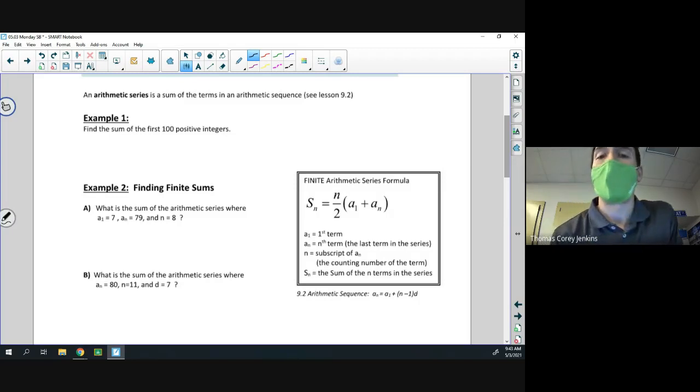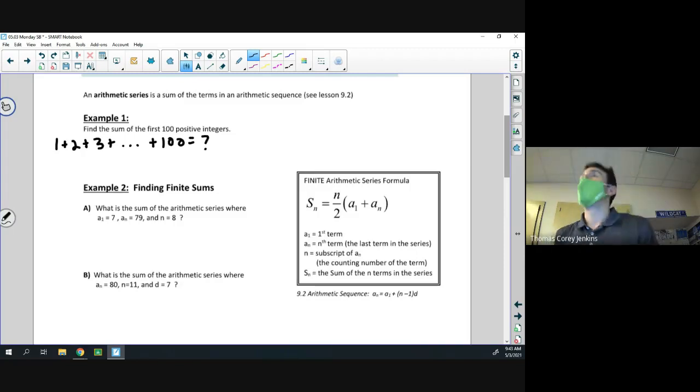You'd take 1 plus 2 plus 3, and you'd have to keep going on and on. That would take a while. You could do it, you could punch them all in, but you'd probably make a keystroke error somewhere along the line, and it's really not practical to ask you to do that.